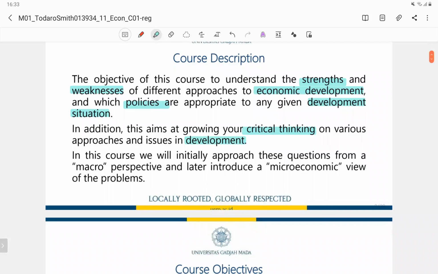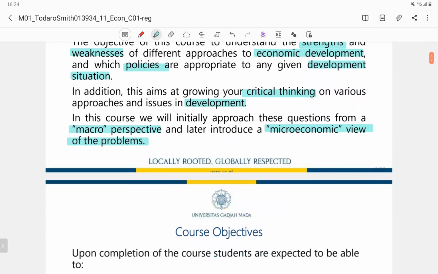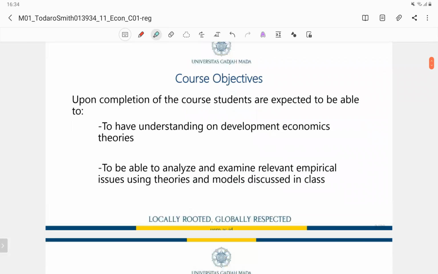In this course, we will initially approach this question from a macro perspective, so from the bird's eye view, from the aggregate perspective, and then later we will introduce the microeconomic view of the problems. So we will begin with the macro perspective and then the micro perspective. And then there are two objectives of this course.